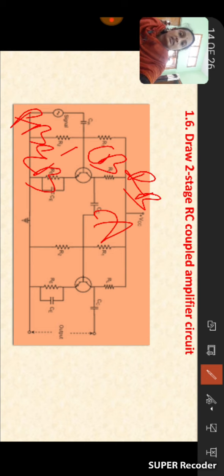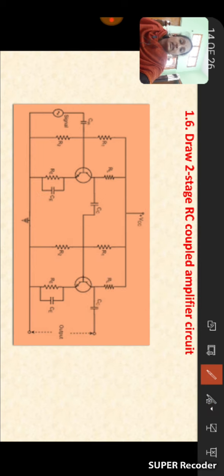Then the transistor works in the active region. It makes the operating point independent of temperature variations, and it will protect the amplifier from self-destruction, that means thermal runaway. Okay, so this is the construction of the two-stage RC coupled amplifier.